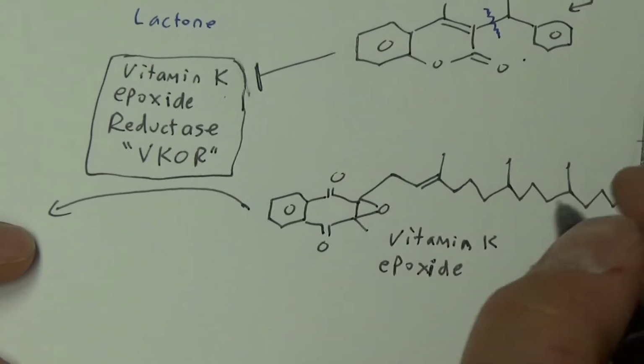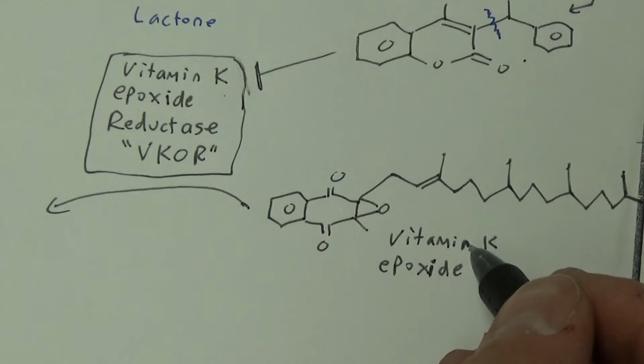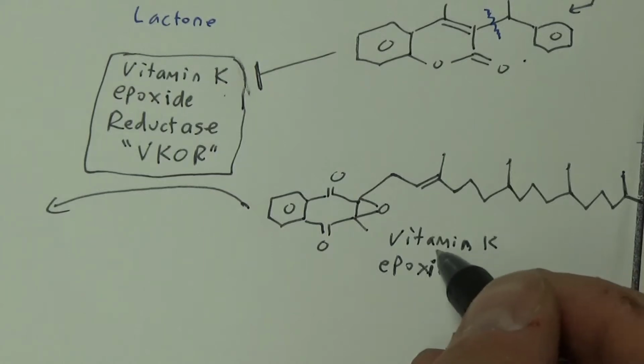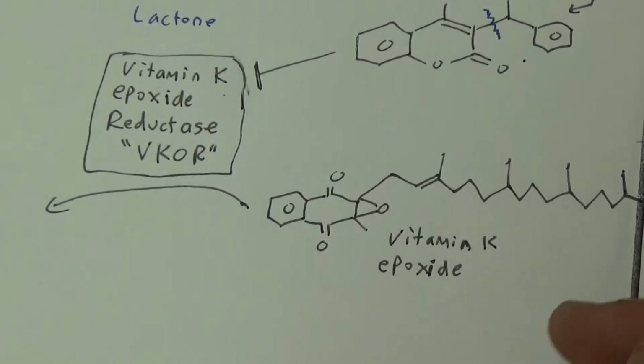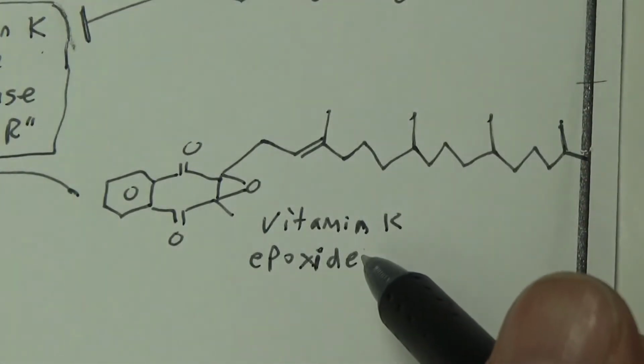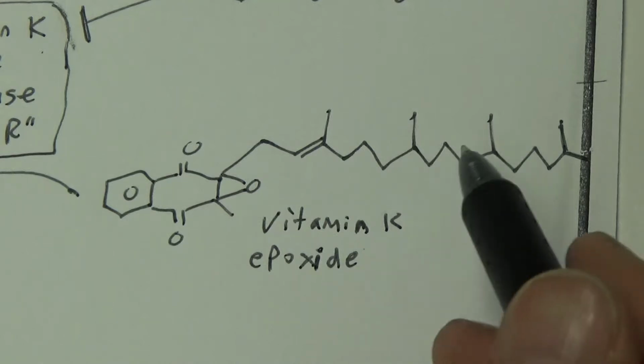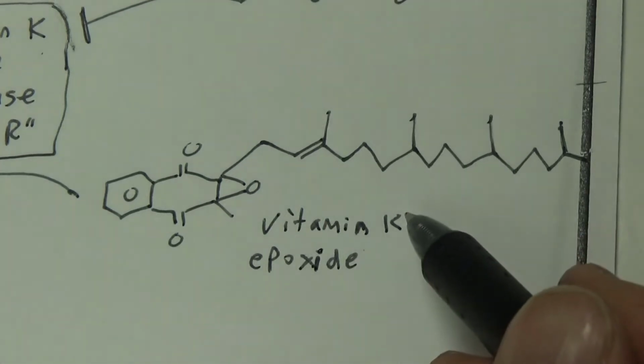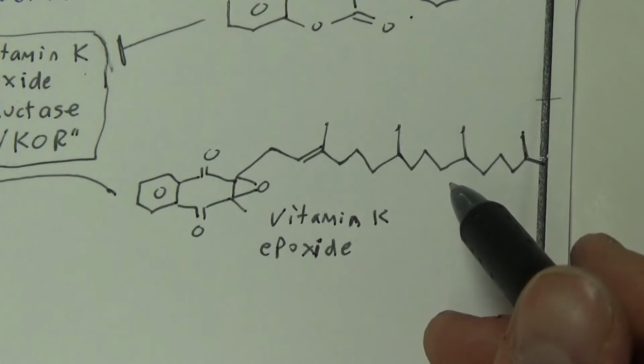Sometimes people assume the word vitamin would suggest amine, but this is a molecule with no amine in it. Vitamins are often essential nutrients, and they all have different interesting structures.